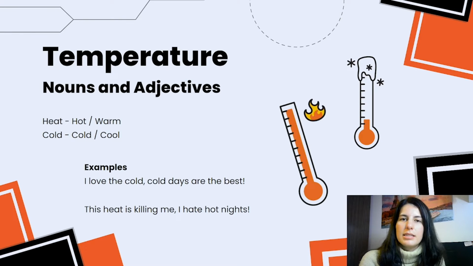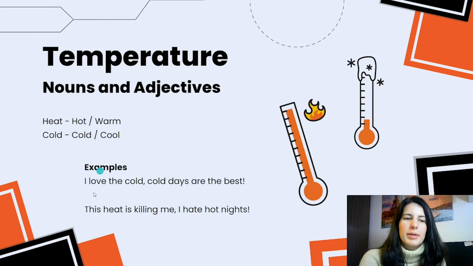Here we can see the adjectives that we use to describe temperature, right? We have nouns like heat, in which we can describe the weather as hot or warm. We also have cold as both the noun and the adjective for a low temperature. Okay? We also have the adjective cool to describe the temperature.